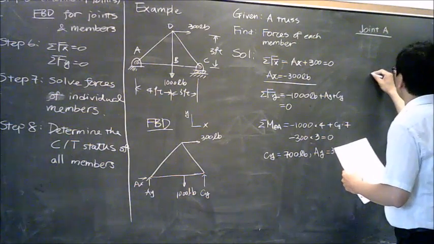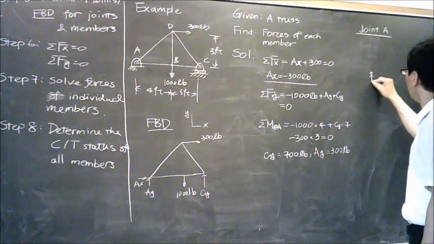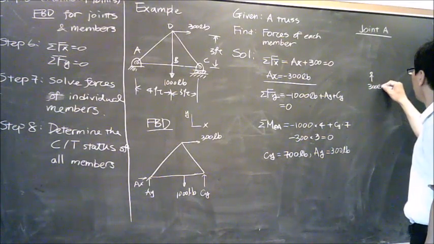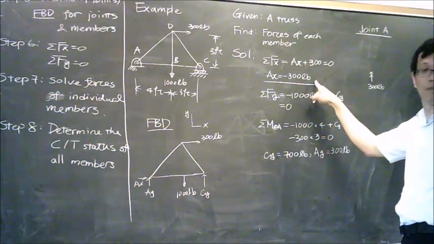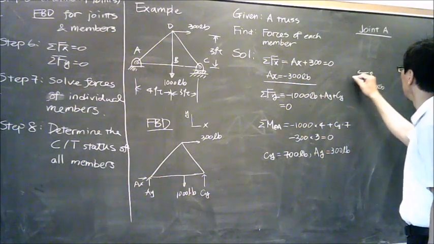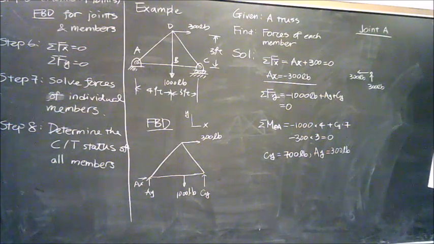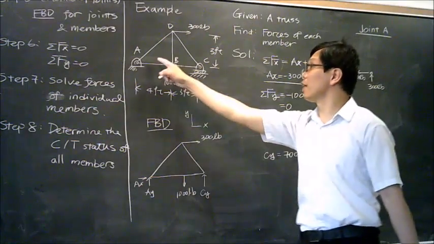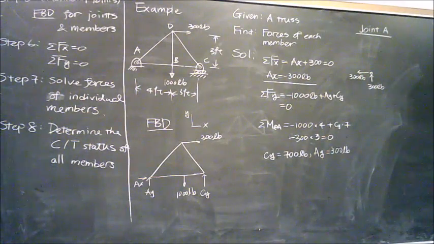So for joint A, I know my vertical force is going to be what? 300 pounds. I know my horizontal force is negative 300 pounds, so it's going to be something like this, right? Now, how many members do I have connected to joint A? 2, right? So we need 2 forces from member AD and member AB.